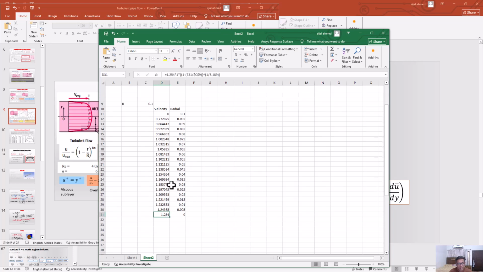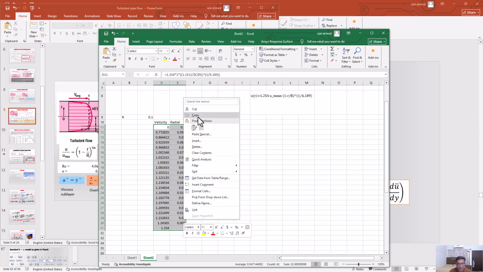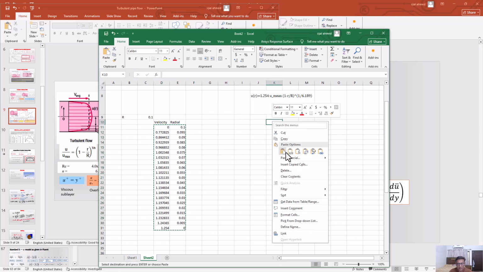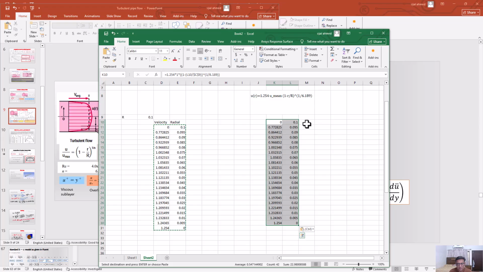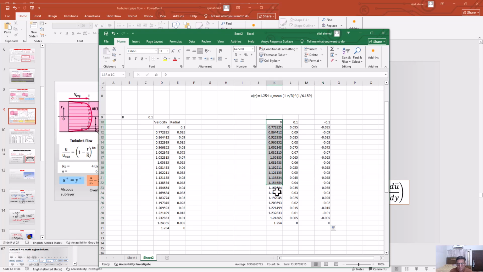Afterwards, I'm going to put the same velocity profile but with the minus sign. So paste the values here and put a minus sign, -1 into this value, and drag it. This value will be the same, but this time inverted.